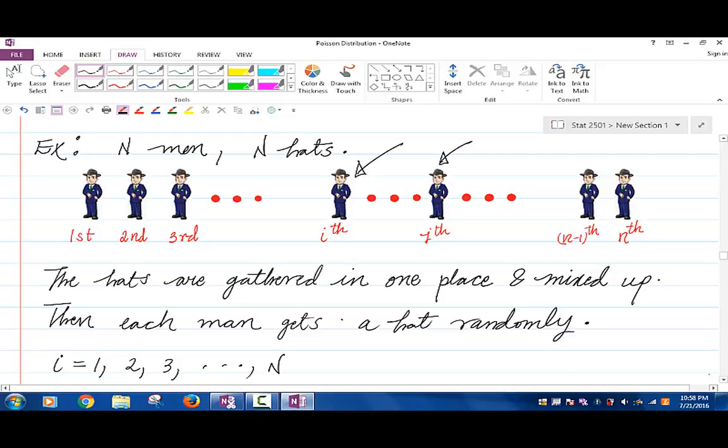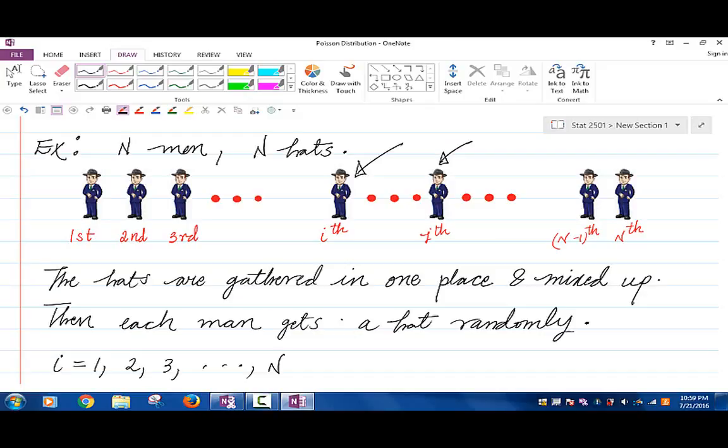So we have man 1, man 2, man 3, up to man N. The men are labeled 1 through N, and their heads are also labeled from 1 to N. The heads are gathered in one place and mixed up, and then each man gets a head randomly.